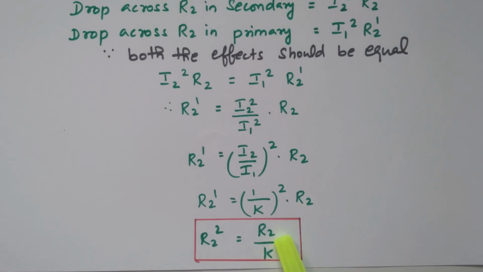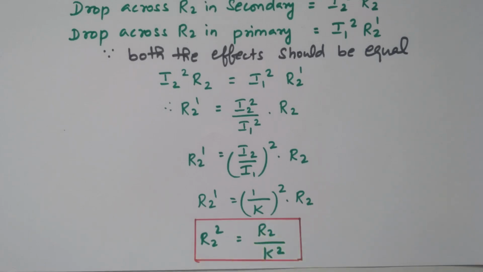R2 is the resistor referred in the secondary, while transferring to the primary it becomes R2 dash. So that equivalent resistance is R2 divided by K square. When R2 is divided by K square, we can obtain the resistor referred to the primary. R2 dash equals R2 divided by K square.